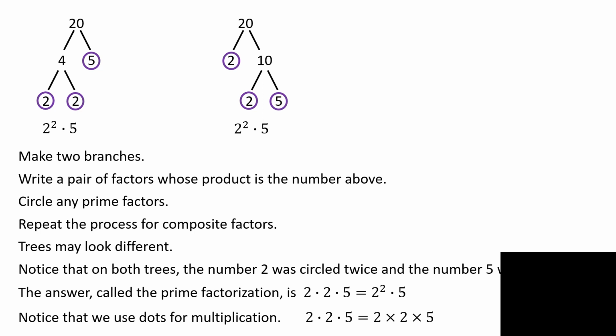Higher up you go in math, less and less often will you see that symbol for multiplication. So you need to show the work for the tree, and then you need to write the prime factorization. In this case, the answer is 2 squared times 5. Again, just keep watching for right now. Just watch the next couple examples, then I'll help you get started.